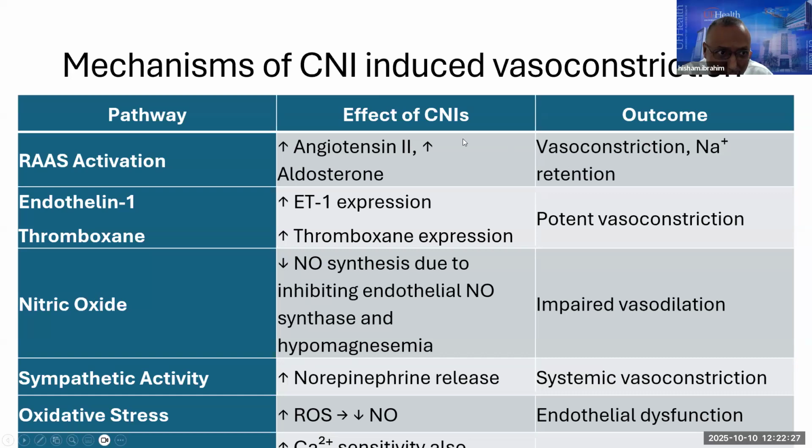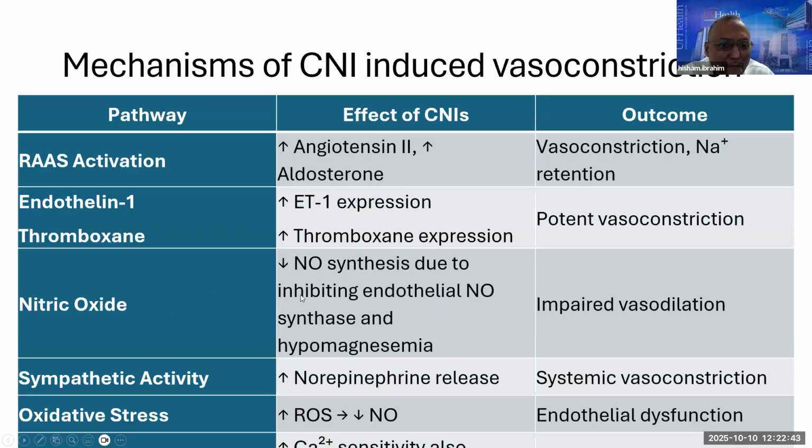They cause vasoconstriction as a result of angiotensin II. Also, endothelin 1 and thromboxane are both upregulated. These are both potent vasoconstrictors.